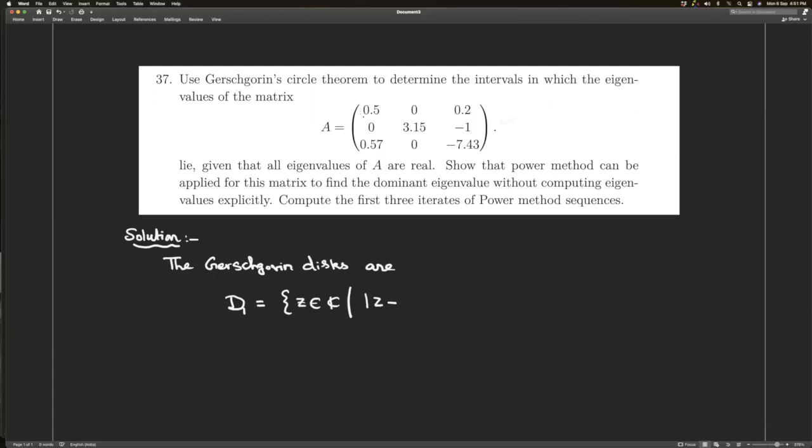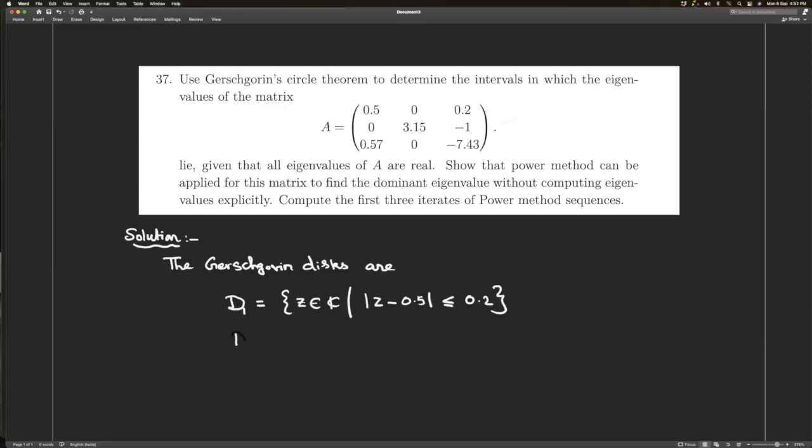Therefore, the first disk center is A11, which is 0.5 in our matrix, and the radius is the sum of the absolute values of the non-diagonal elements of that row. So in this case, it is going to be 0.2. That is the first disk coming from row 1.